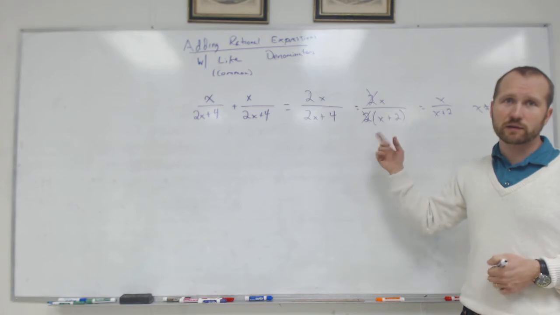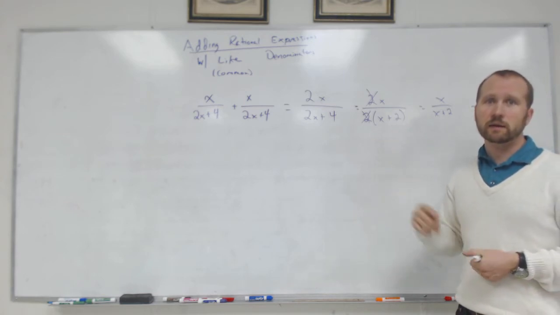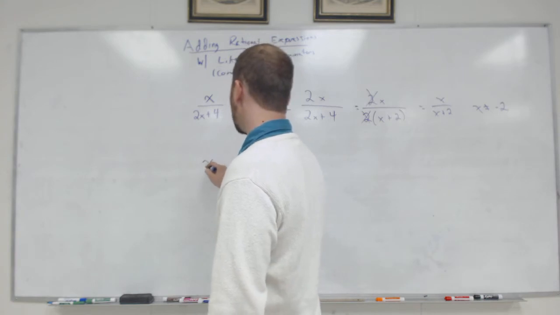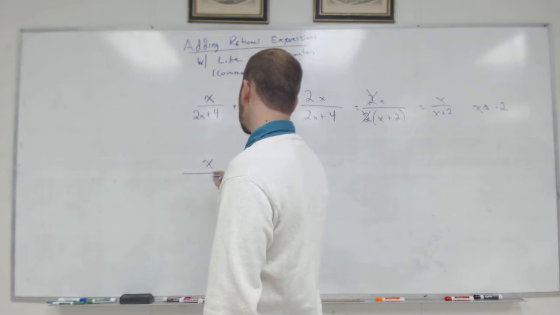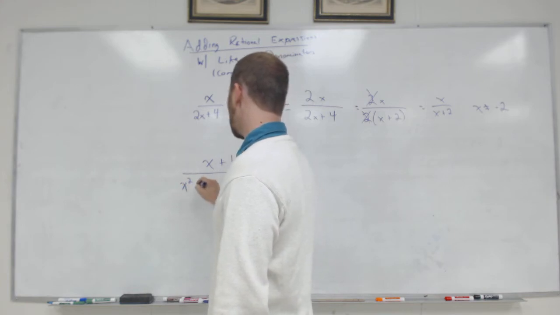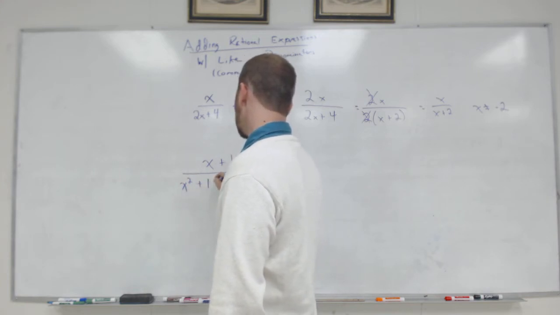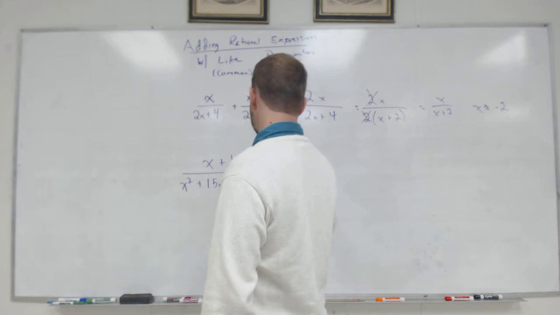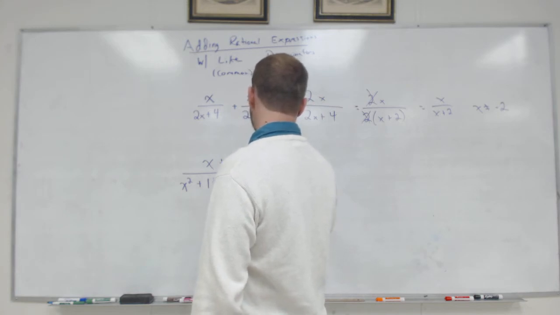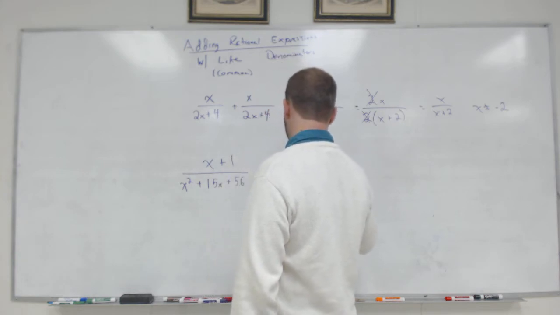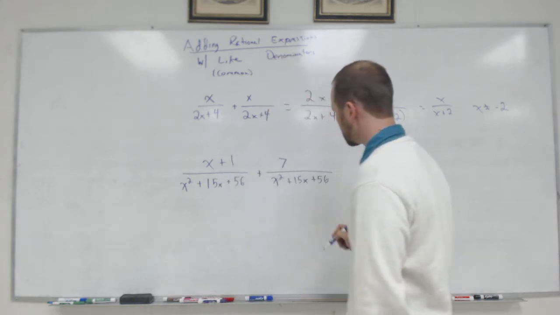What can happen though with these is you can get something a little bit more complicated. So for example, what if I had something like this? x plus 1 over x squared plus 15x plus 56 plus 7 over x squared plus 15x plus 56.